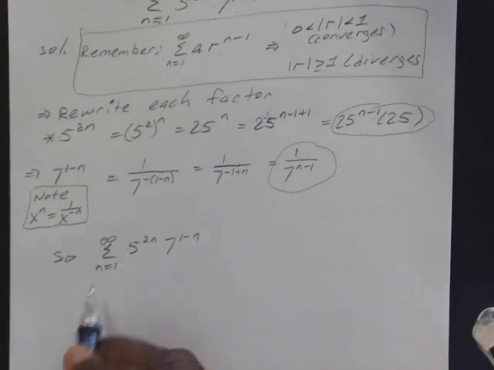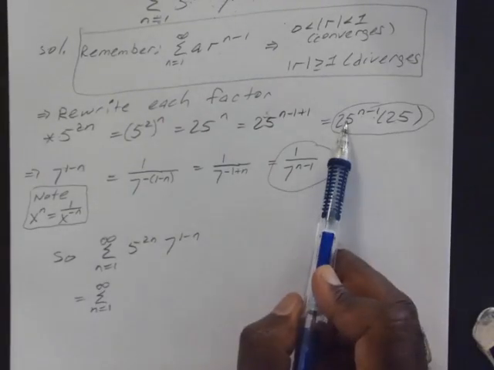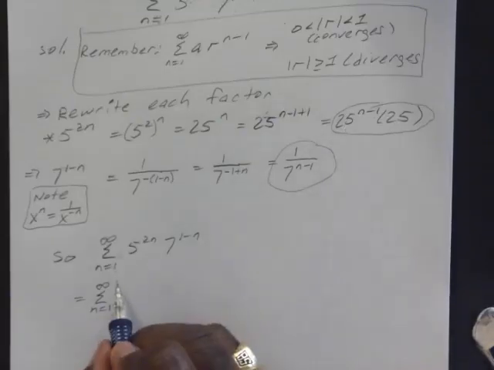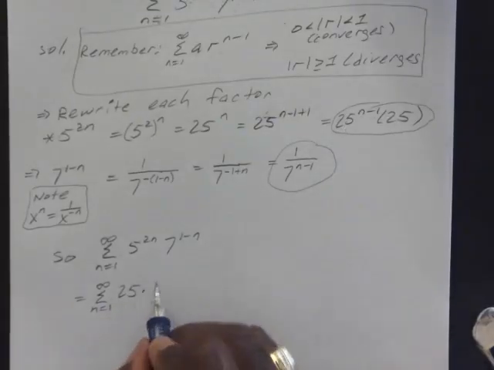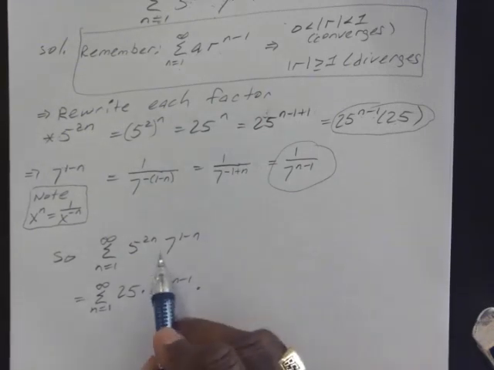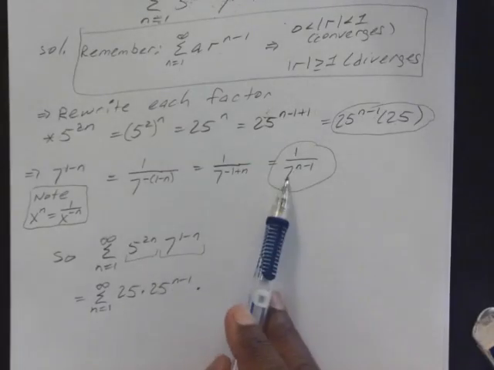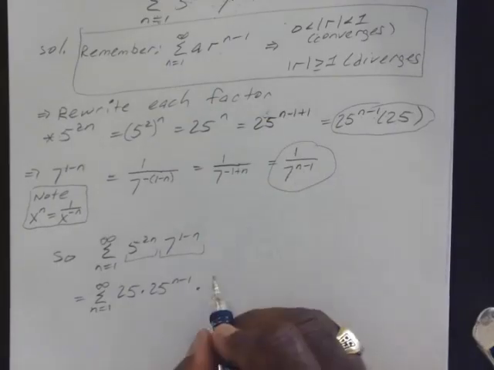The 5 to the power of 2n, we were able to rewrite as 25 times 25 to the power of n minus 1, and the 7 to the power of 1 minus n we rewrote as 1 over 7 to the power of n minus 1.